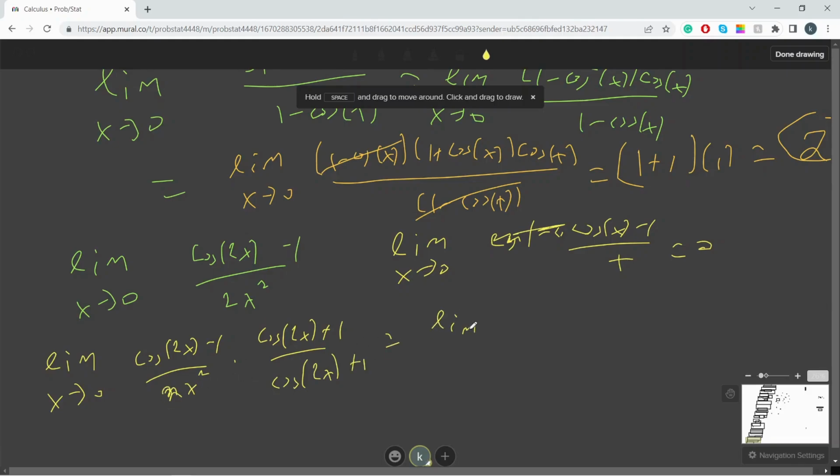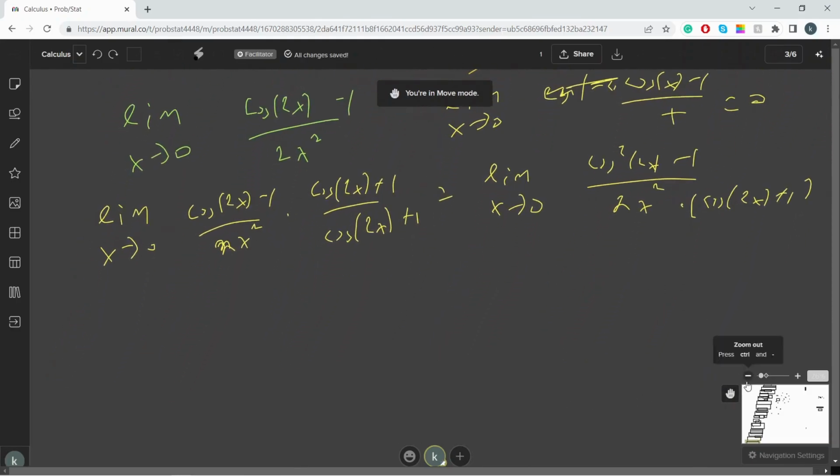This is going to be equal to the limit as x approaches 0 of cosine squared 2x minus 1 over 2x squared times cosine of 2x plus 1. All right, so we know cosine squared of 2x minus 1 is negative sine squared 2x, by the sine squared x plus cosine squared x equals 1 trig identity from the unit circle video.